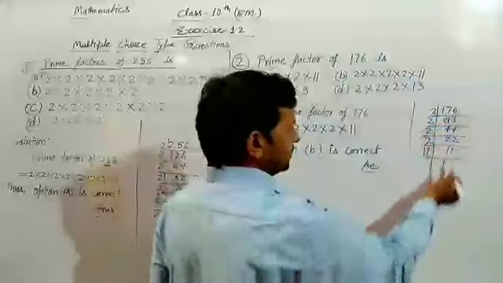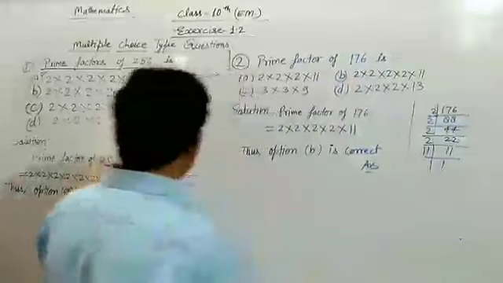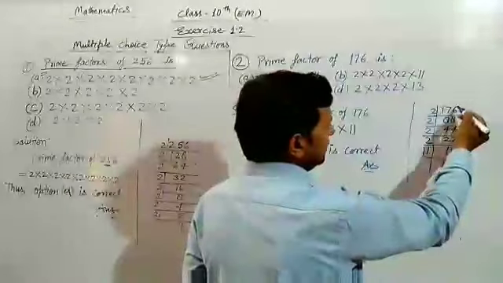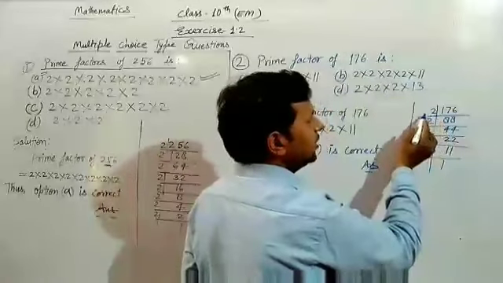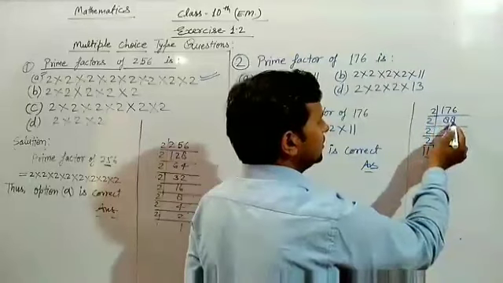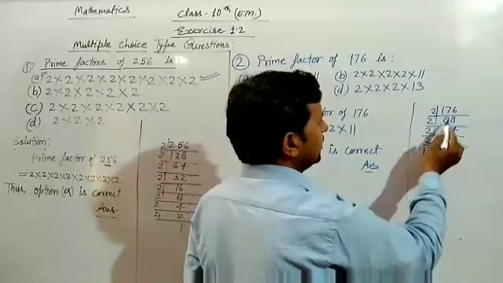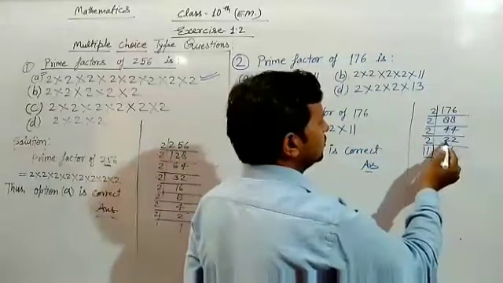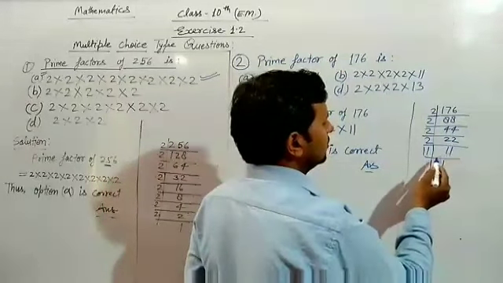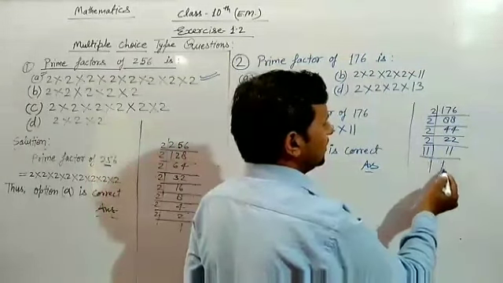First of all we solve it as we solved the previous question. This is an even number, so we try first by 2. 176 divided by 2 is 88, then 44, 22, 11.